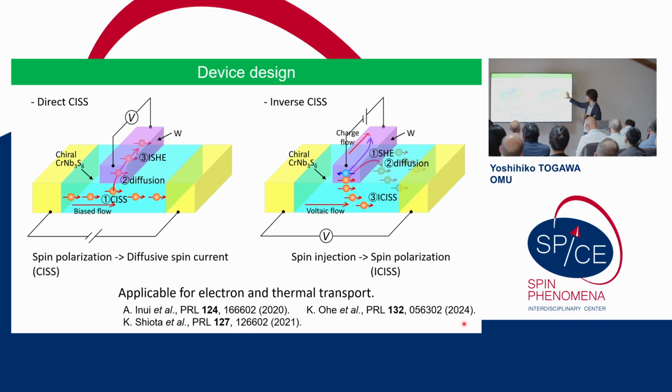So in the second case, if we have a signal, we can demonstrate the reciprocal relationship of the CISS phenomena. That's what we expected when we had the idea to make this kind of device. Then eventually it turns out this method is really useful to detect the spin polarization in chiral materials.